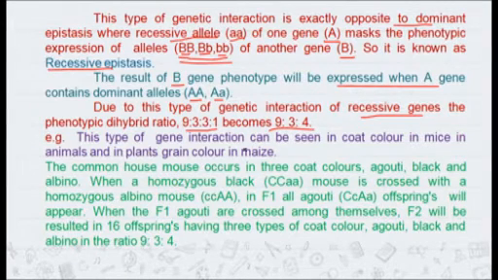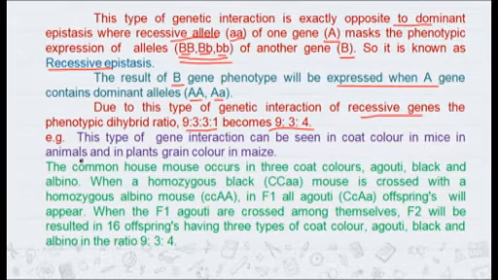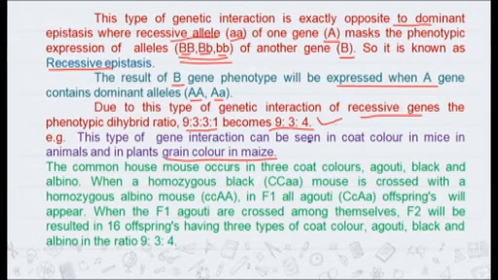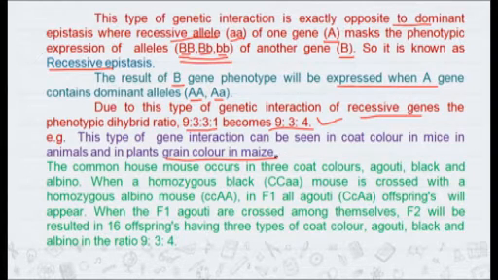This type of gene interaction can be seen in coat color in mice, and in plants also we can see such interaction, which results in a 9:3:4 ratio of phenotypes in offspring.